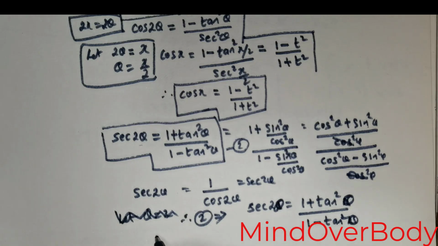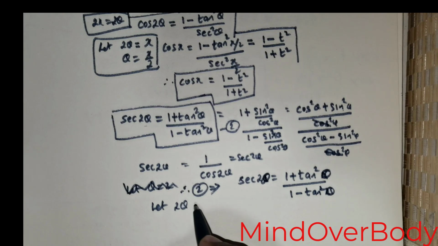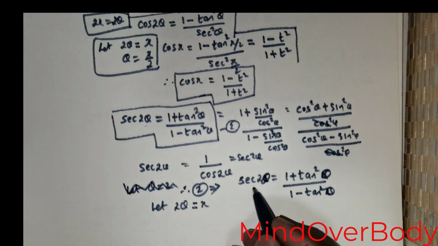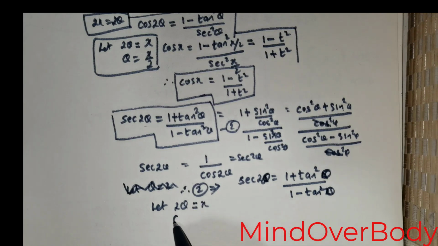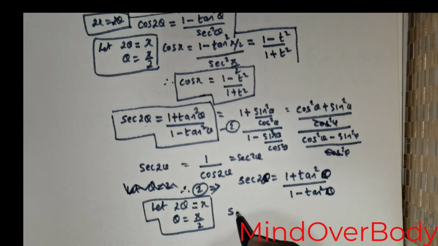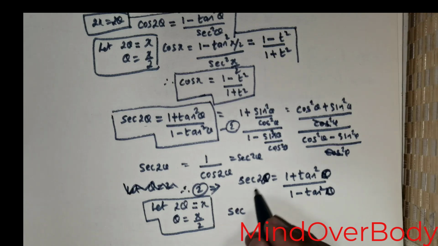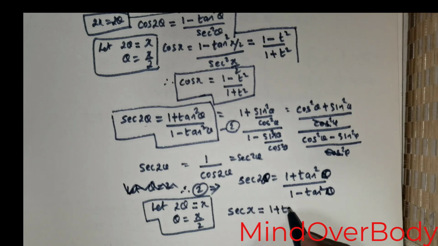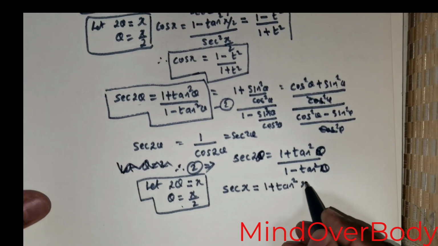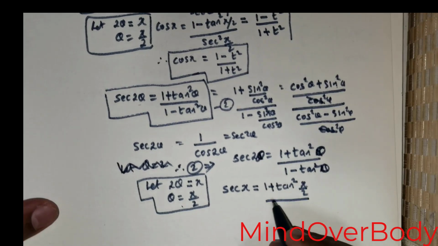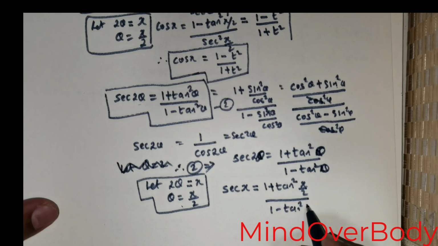Now I'm going to let 2θ equal x, because I want to find sec x. From here I get θ equal to x over 2. Because of this substitution, sec 2θ becomes sec x, followed by (1 + tan² of x over 2) divided by (1 − tan² of x over 2).